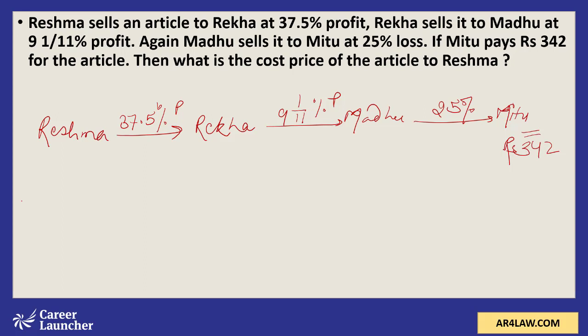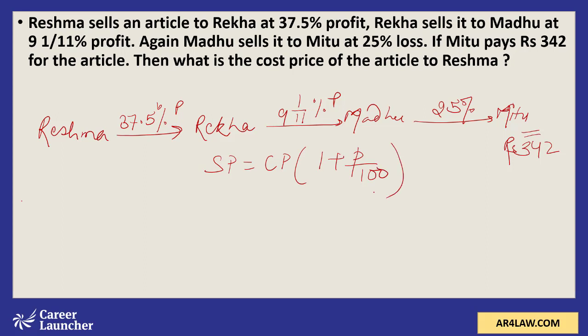Now, this is a question of profit, loss, discount, and I've been using only one formula for the entire chapter, which is SP is equal to CP into 1 plus P by 100. It becomes 1 minus L by 100 in case of a loss.